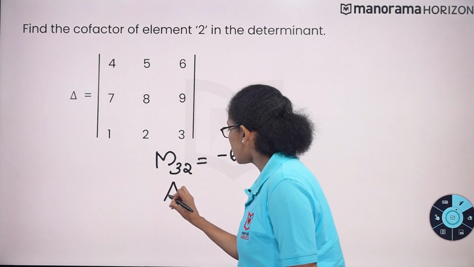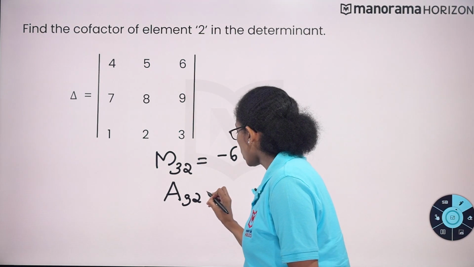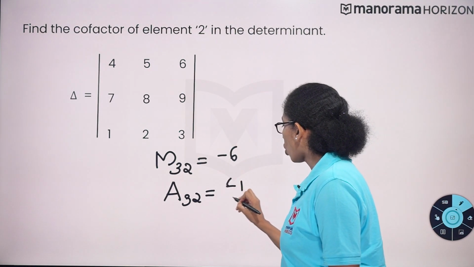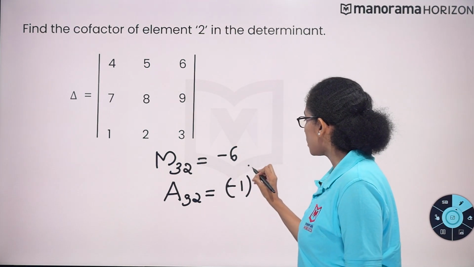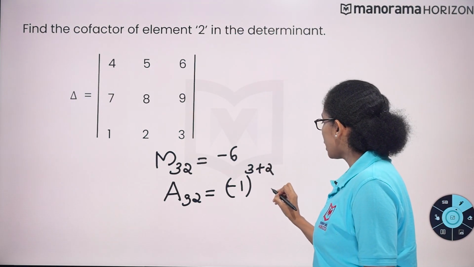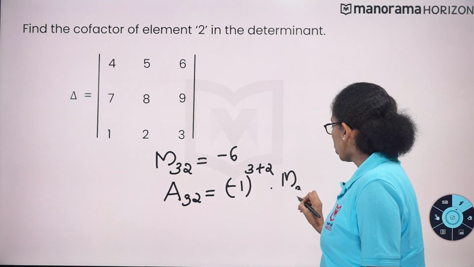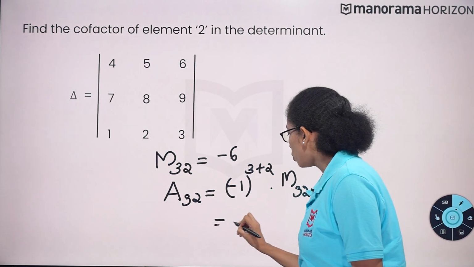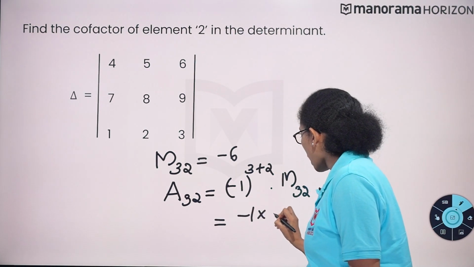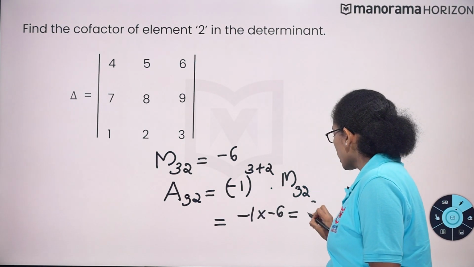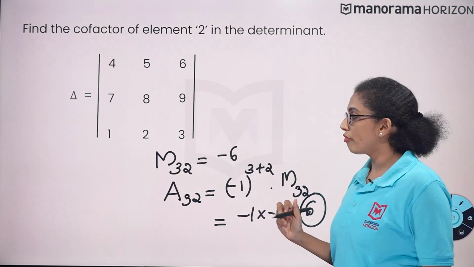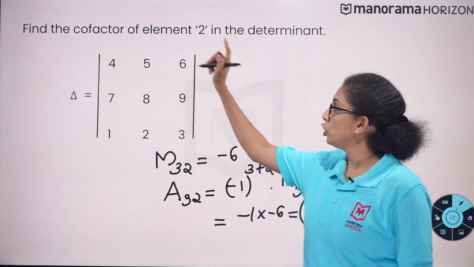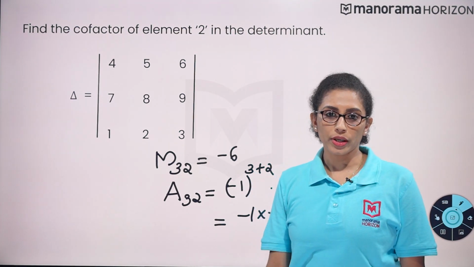So, cofactor of 3,2 is equal to minus 1 the whole raised to i plus j, that is 3 plus 2, into M 3,2. So, which is equal to minus 1 into minus 6, which is equal to 6. So, this is the cofactor of the element 2 in this particular matrix.